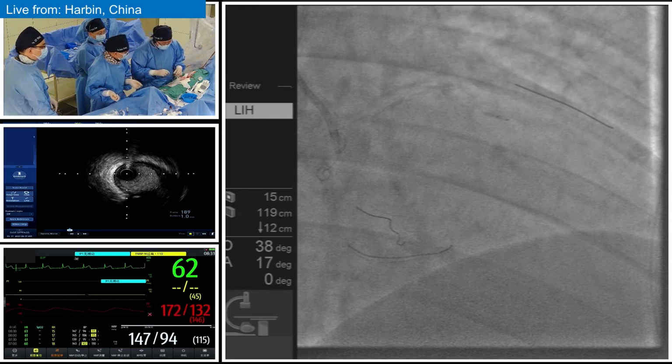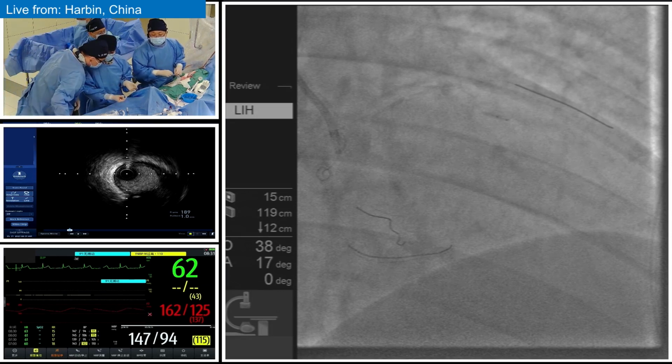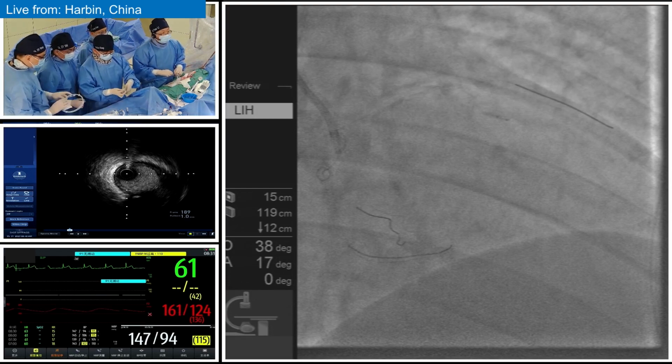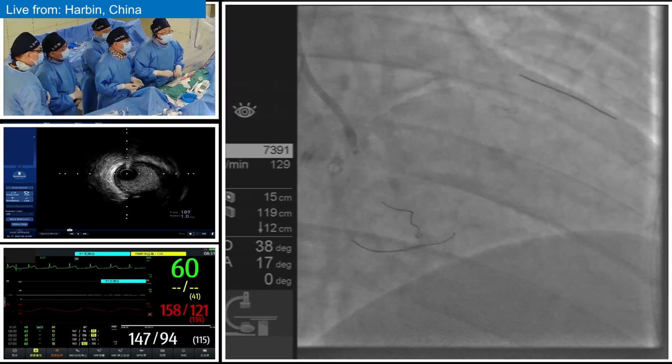But we should not advance the wire too much, in order to avoid large hematoma formation. If this doesn't work, we may advance the Stingray balloon a little bit to a relatively distal portion. So we are going to try the second swap strategy.